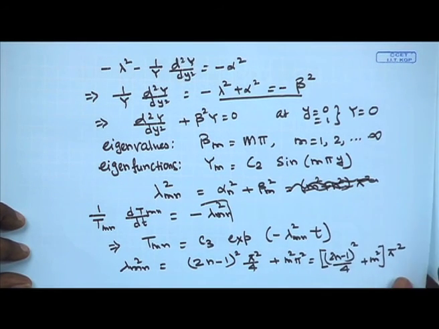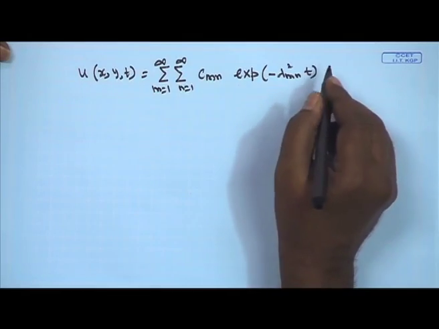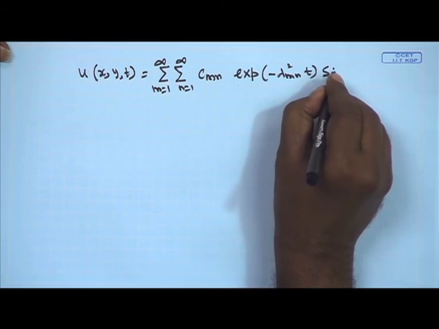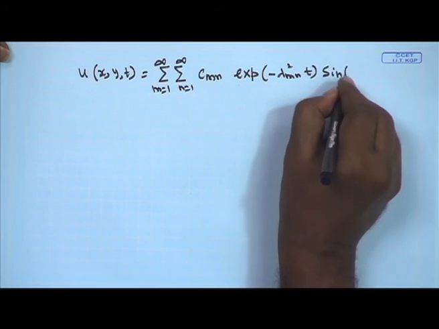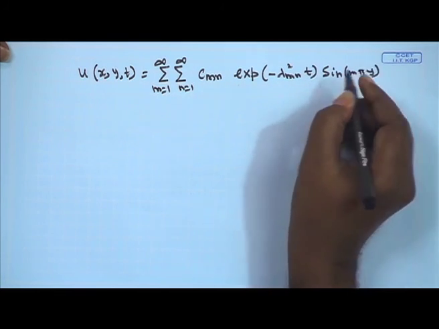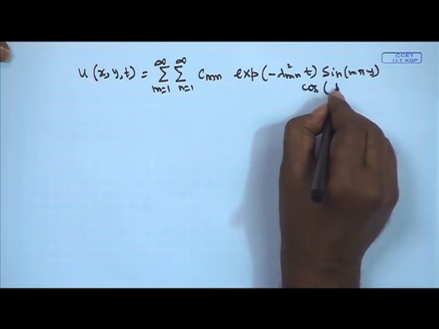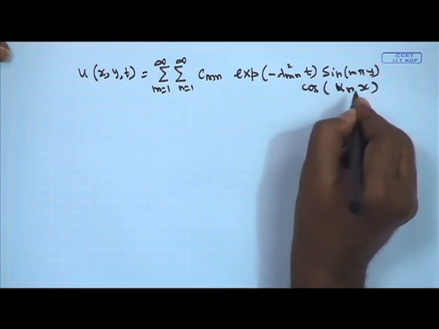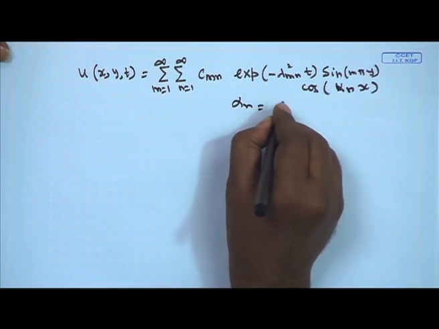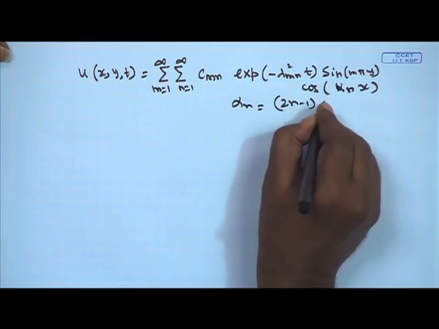Okay. So, C_mn exponential minus lambda_mn square t, sin m pi y, and we had cosine alpha_n x, where alpha_n is nothing but (2n minus 1) pi by 2.